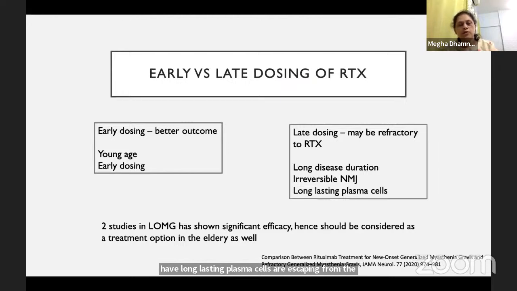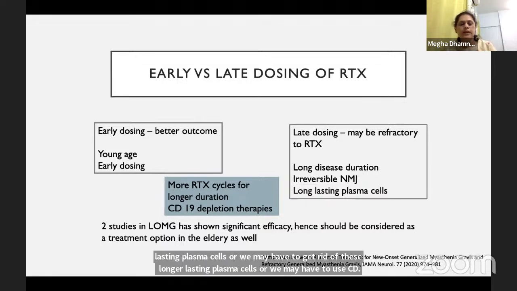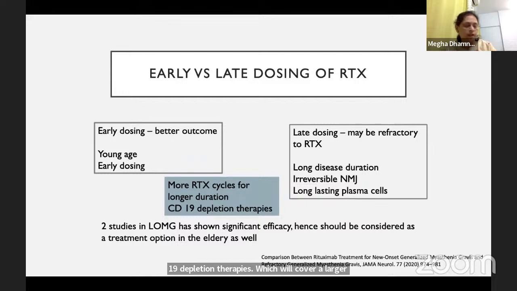And in these patients, we may need more rituximab cycles and for a longer duration to get rid of these longer lasting plasma cells, or we may have to use CD19 depletion therapies, which will cover a larger fraction of B lymphocytes. All right, so these could possibly be helpful in patients who are resistant or refractory to rituximab.